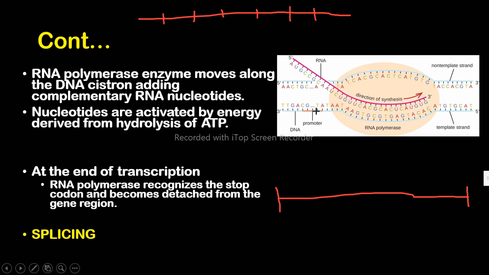For example, you may find from here to here, it doesn't code for any amino acid. And then from here to here, that's what can code for amino acid. Let me represent it with yellow. And then from there to here, it doesn't code for any amino acid. And then from here to around here, it codes. And then this doesn't code for any amino acid or any proteins. But from here to here, it codes for proteins.